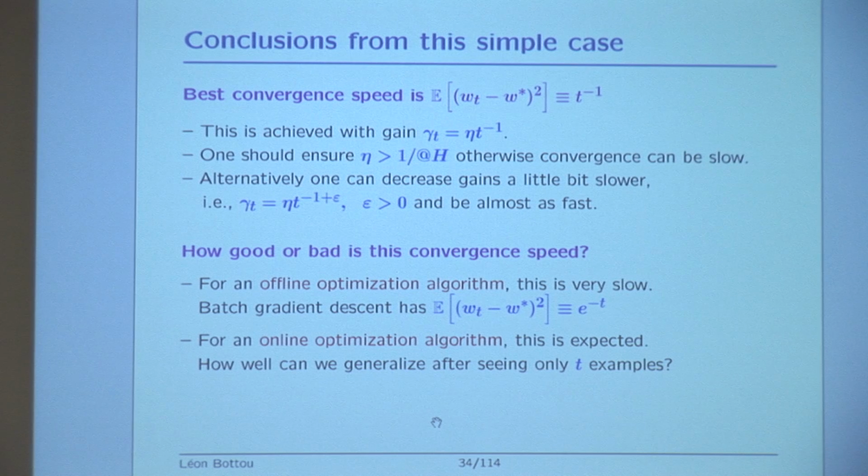And if you do it that way, the convergence in 1 over t is perfectly reasonable, because to estimate the mean of a set of examples, if you see t examples, you expect to have the mean with accuracy 1 over square root of t, or the squared error should be 1 over t. So that's right. This speed of convergence is slow for an offline optimization algorithm, but if you look at it in statistical terms, it's correct. It's going to estimate the mean at a speed that's consistent with statistics.